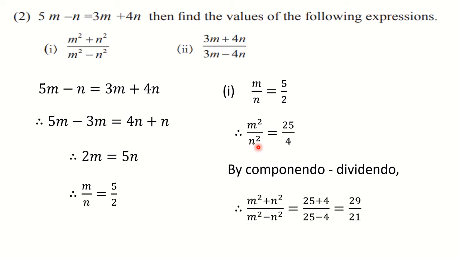So we will write m square plus n square upon m square minus n square. But we have to do it on both the sides. So here also we will do 25 plus 4 upon 25 minus 4. So the answer is 29 upon 21. This way we have found the answer of the first one.